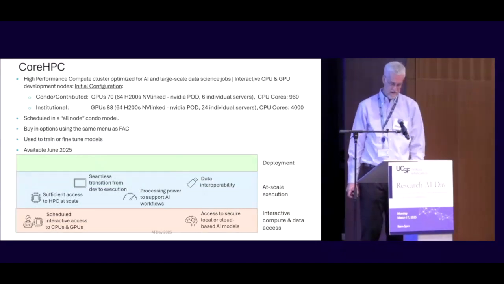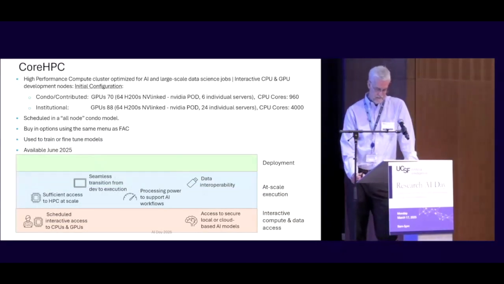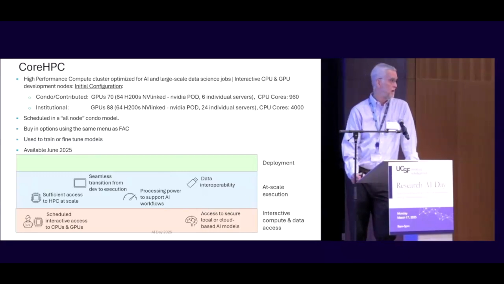Core HPC next. It's being built from the ground up. Winton was built from the ground up initially for supporting basic science use cases. Core HPC is being built from the ground up to support data science and AI use cases. It's a condo model, also with both institutional and individually purchased compute and storage.